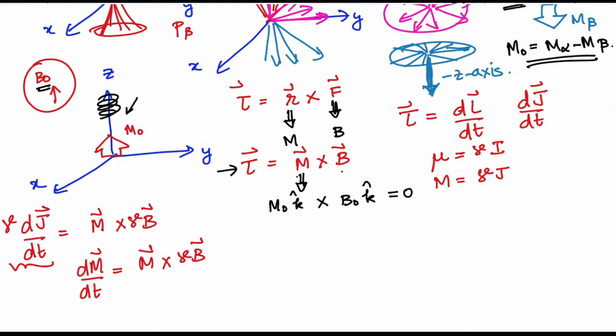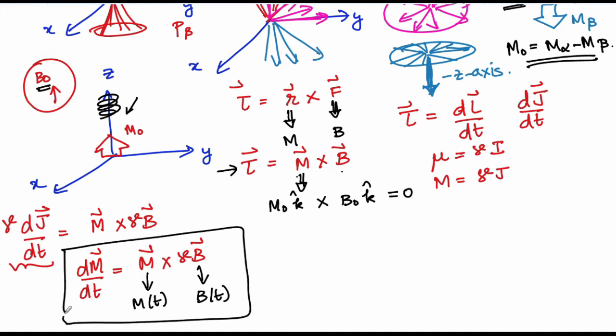Remember, for the sake of brevity, I am simplifying m(t) and b(t) as m and b itself. So this is an important equation for us to consider as we go forward, meaning that the rate of change of magnetization is given by a cross product between m and b.